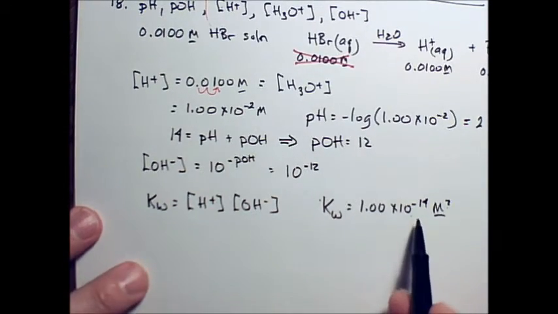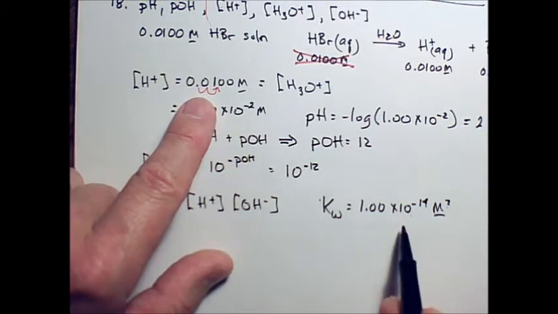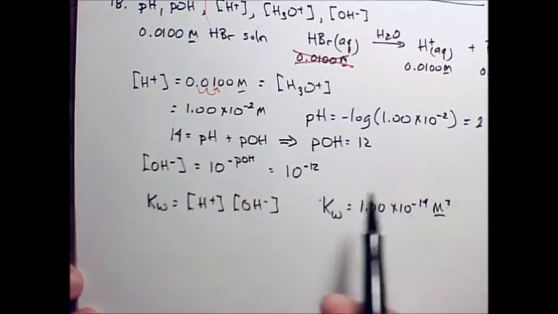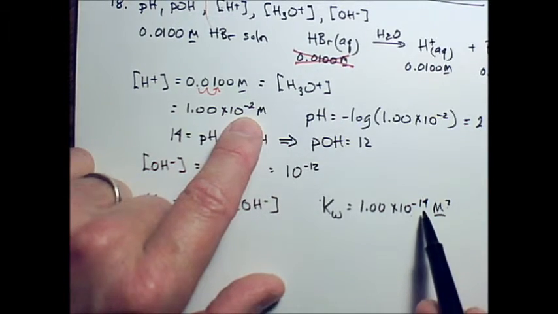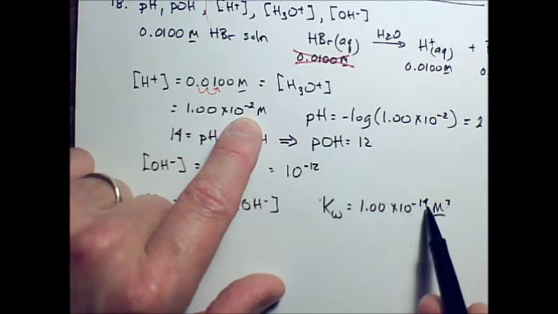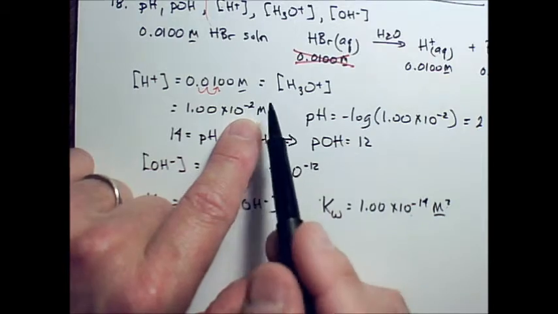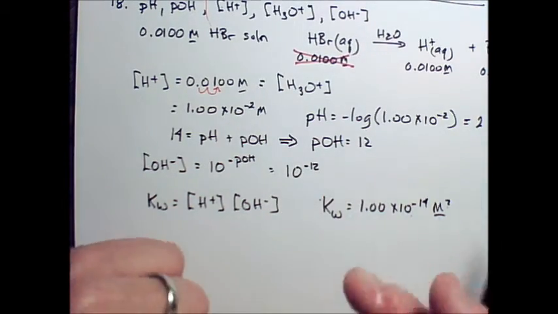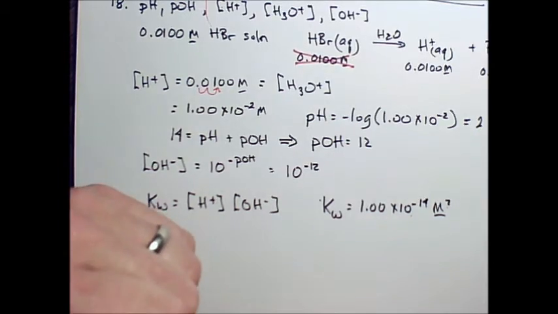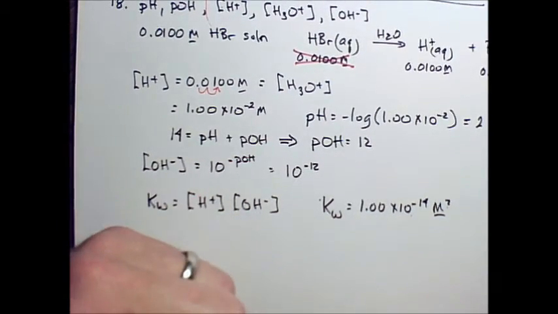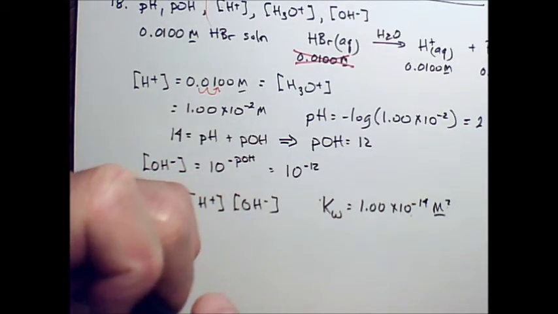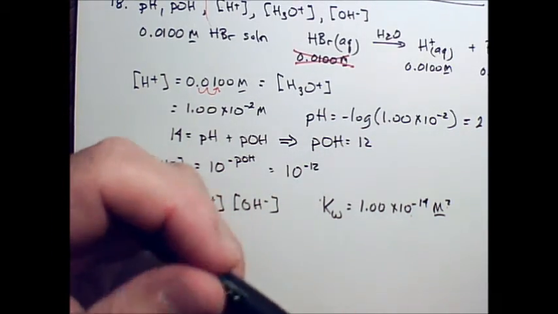If we know this number and we know this number here, we can plug it in and get the math that way too. Okay? What essentially is going to happen is you can take this exponent, subtract that exponent, and you'll get 10 to the negative 12, which is what we got right there. That's easier the other way. Just don't leave Kw alone. All right? There are a couple of ways to get the answer. Okay? All right. Any other questions?